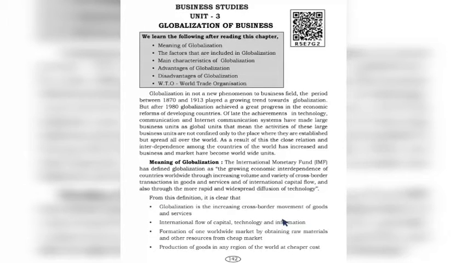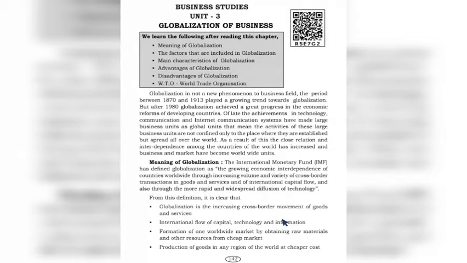Because of globalization, there was a widespread exchange of technology, communication, and internet communication systems. Developing countries got access to technology, and new communication systems and internet communication systems got developed.